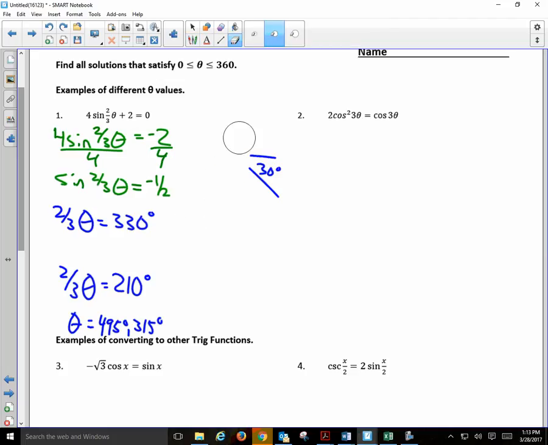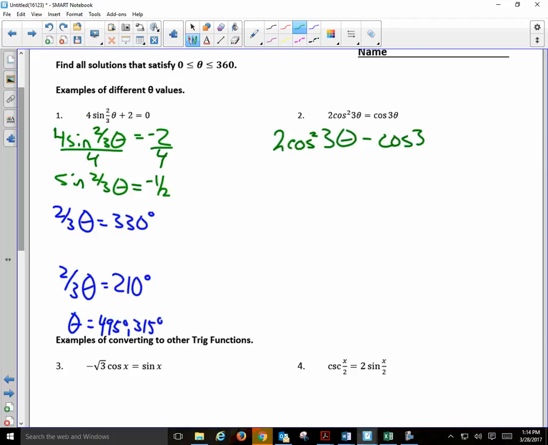How about number 2? This is same as problem number 8 that we didn't do yesterday. What do you think? I got a 3 in front of the theta, but what do you think it should do first? Yep. Get the cosines on the same side. 2 cosine squared of 3 theta minus cosine of 3 theta is equal to 0.